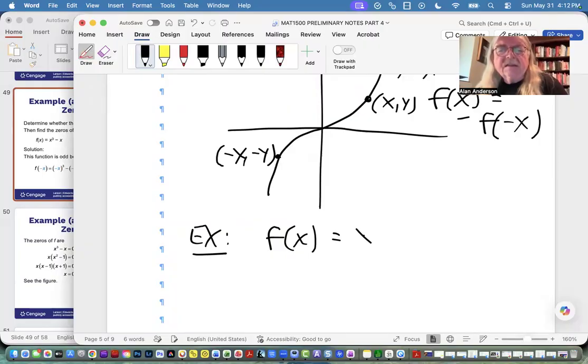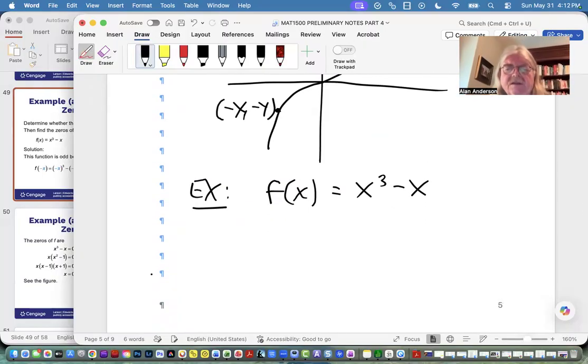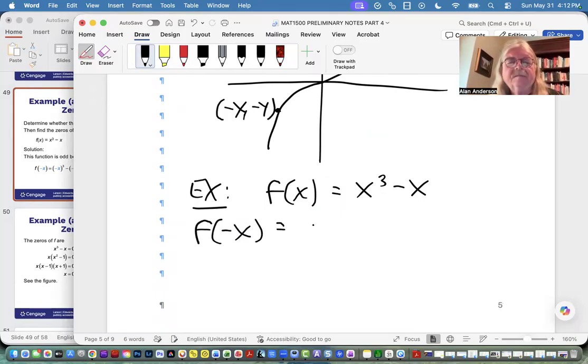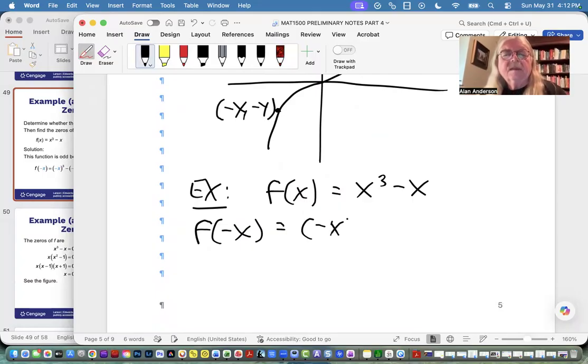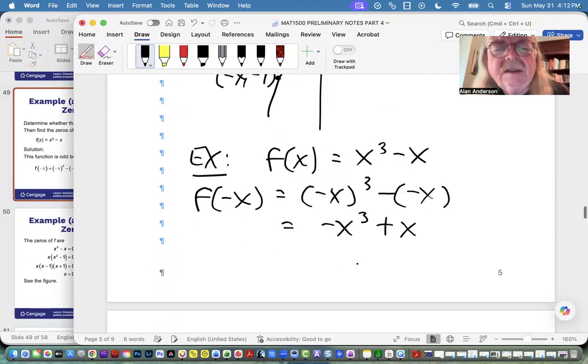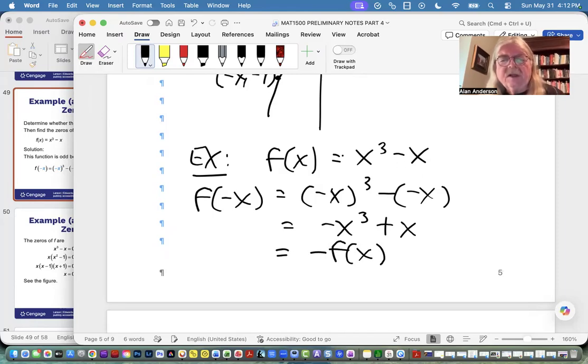X cubed minus x. So what we're trying to do is show this. What happens if I solve for f of negative x? If you notice, in turn, this is equal to negative f of x because you're just multiplying f of x by negative 1.